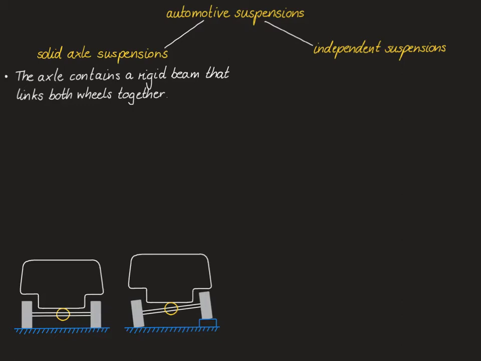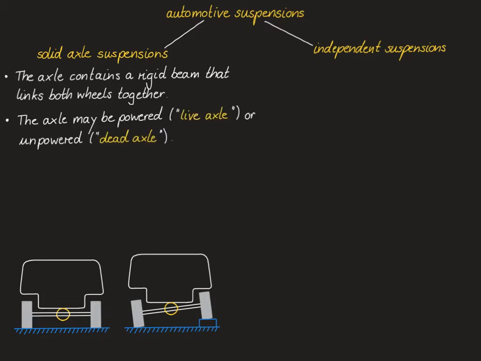So, as illustrated by the two pictures at the bottom, if one of the wheels of a solid axle drives over a bump in the road, this will be compensated for by the entire solid axle. Hence, also the wheel on the other side of the axle is affected by this bump.